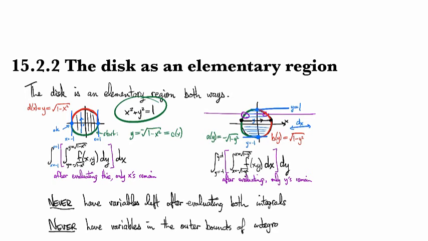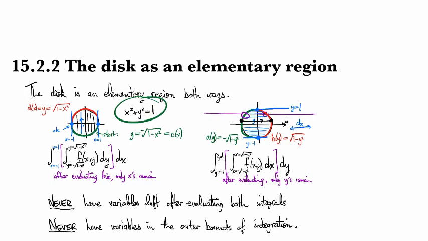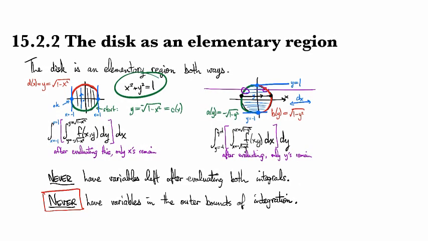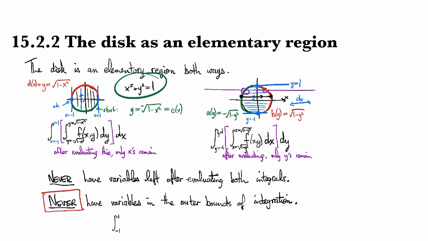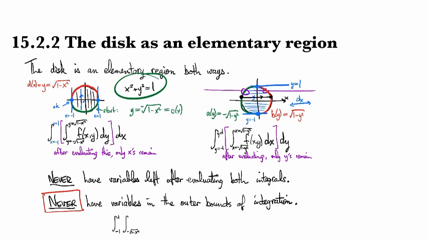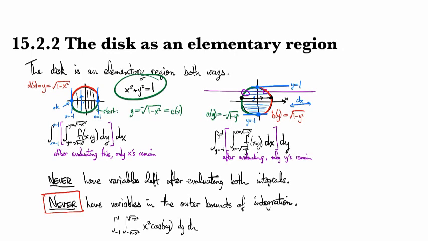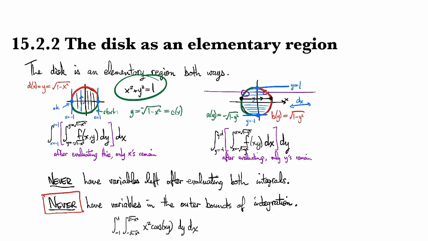And in case you're wondering why I'm beating on this dead horse, it's because this is the most common mistake that I see. We'll be doing problems where I'll say something like, okay, take one of these integrals that we've just done, something like this, and I'll say, now set this up with the order of integration exchanged.